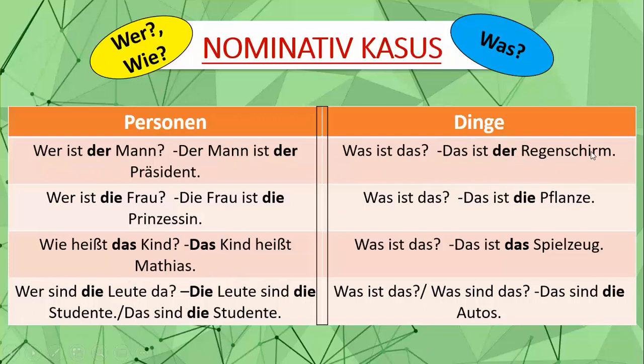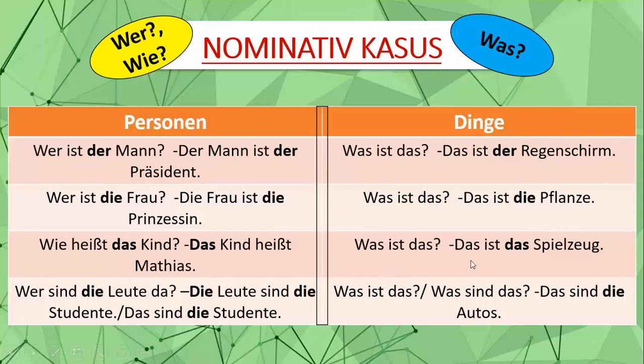And Regenschirm is a compound noun made up of der Regen and der Schirm. Regen meaning rain and Schirm, which is an umbrella. Was ist das? Das ist die Pflanze. Then Pflanze is feminine and it is a plant, so it will use die.